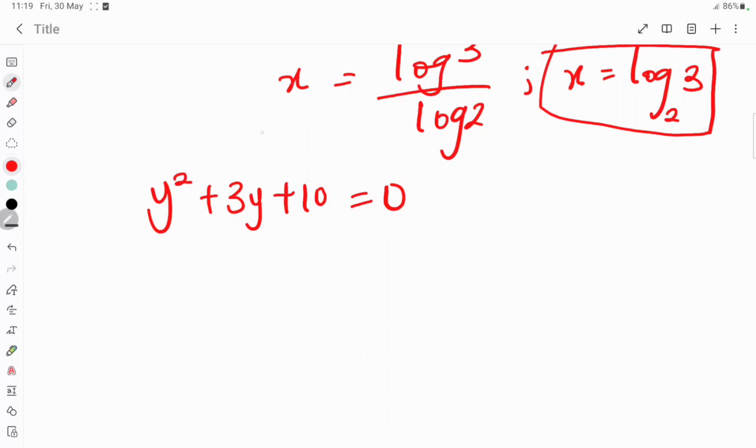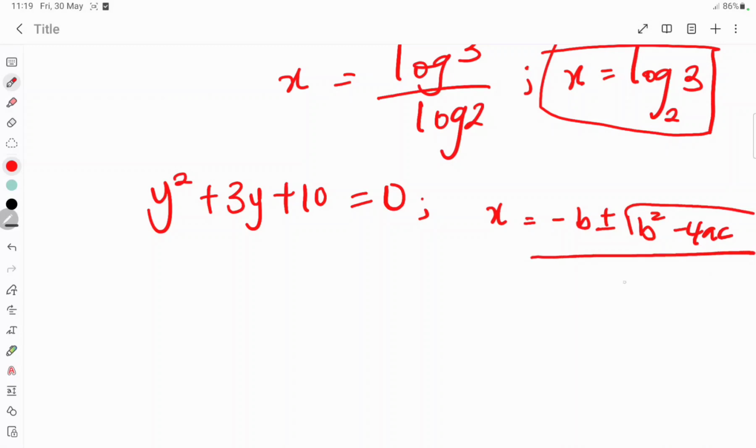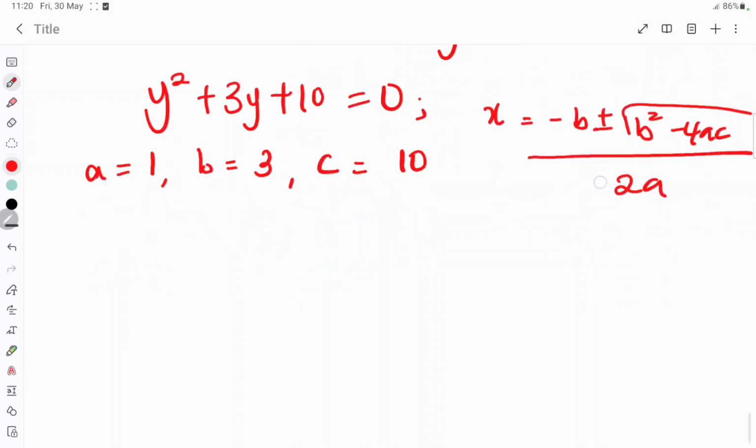This particular quadratic equation, we are going to solve by the general quadratic formula, which says that y is equals to minus b plus or minus the square root of b squared minus 4ac divided by 2a. Good. A is the coefficient of y squared, which is 1. B is the middle term, which is 3. And C is the last term, which is 10.